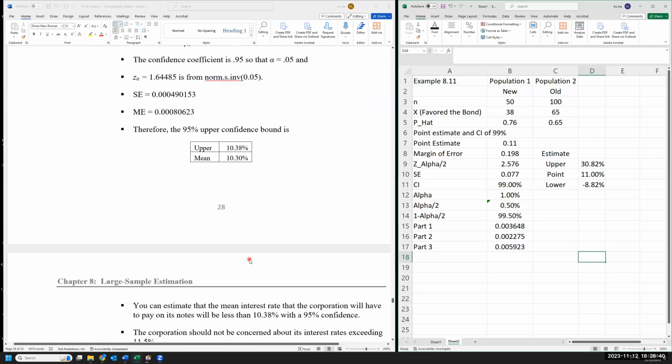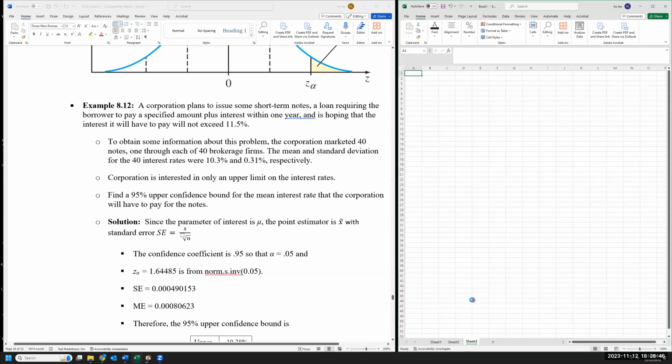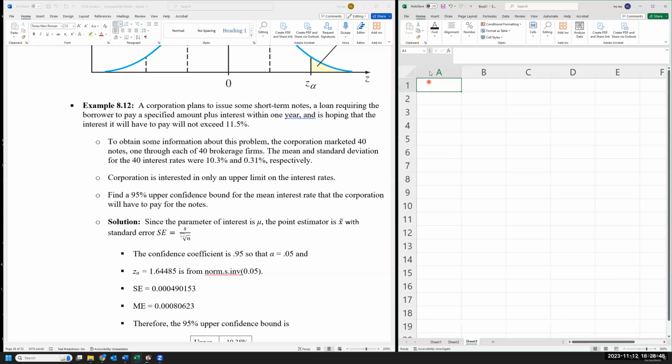So let's do this one. Example 8.12. A corporation plans to issue some short-term notes, a loan requiring the borrower to pay. So short-term notes is a short-term bond.